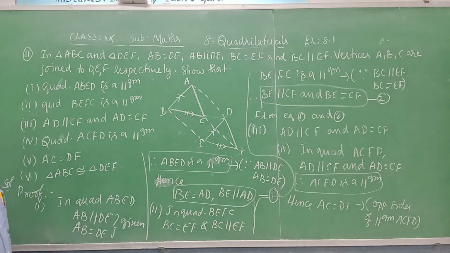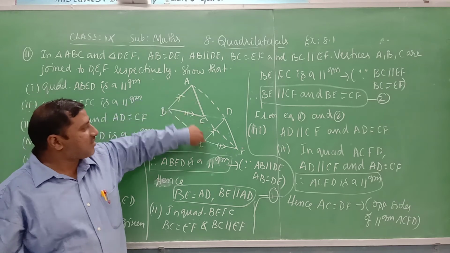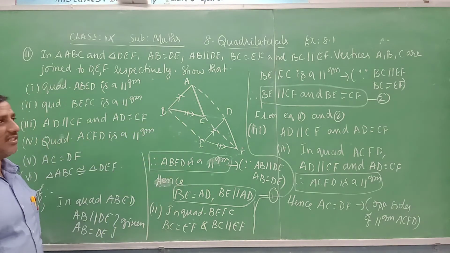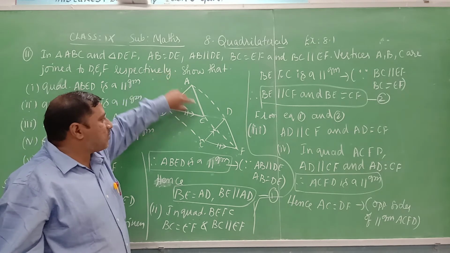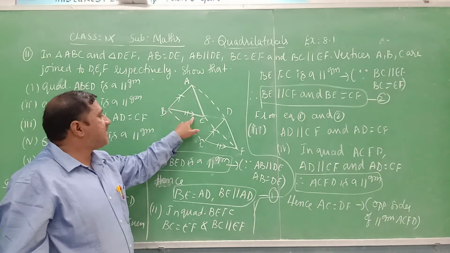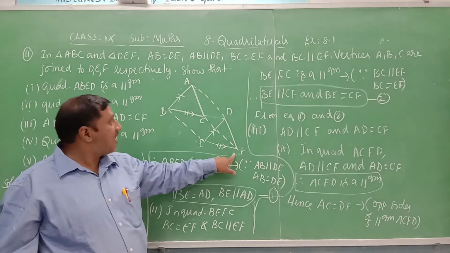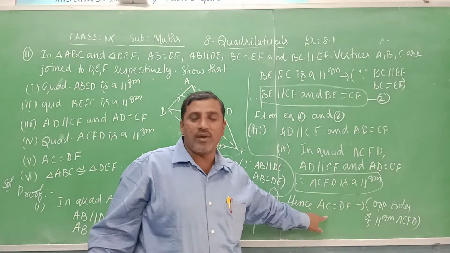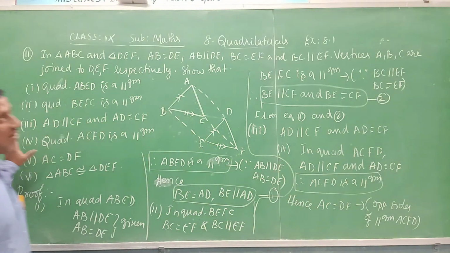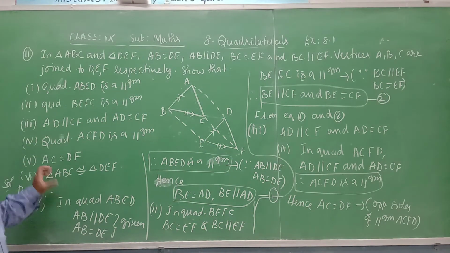The last one is triangle ABC is congruent to triangle DEF by SSS congruency, because AB is equal to DE, given, BC is equal to EF, given, and AC is equal to DF, which we just proved. Therefore, by SSS congruency, the two triangles are congruent.